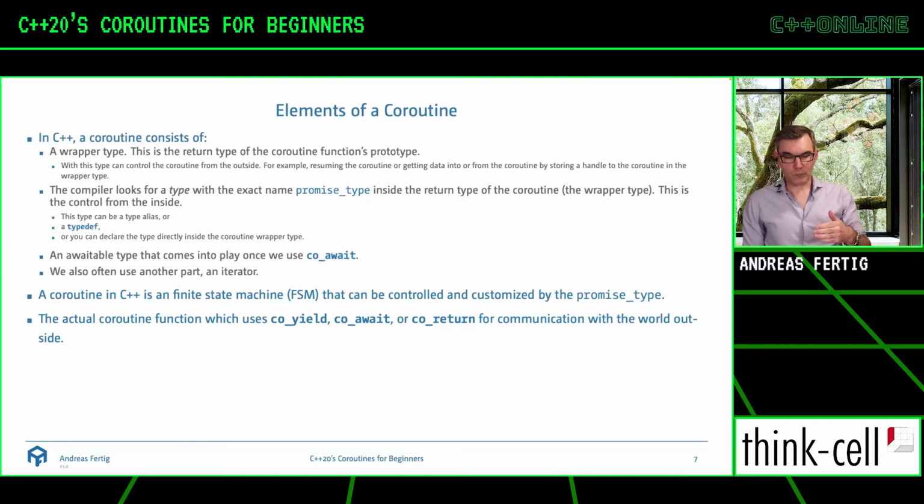And the fourth element that's often used together with coroutines is an iterator. The reason for that is that coroutines are an excellent way of implementing an infinite stream of data. So think about you holding a TCP connection to a remote site. You cannot say when the end is really there.